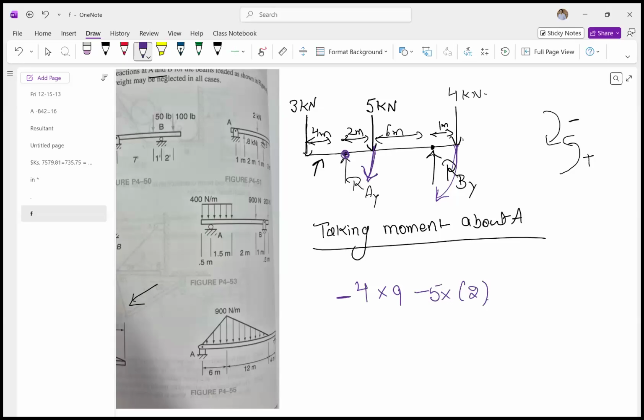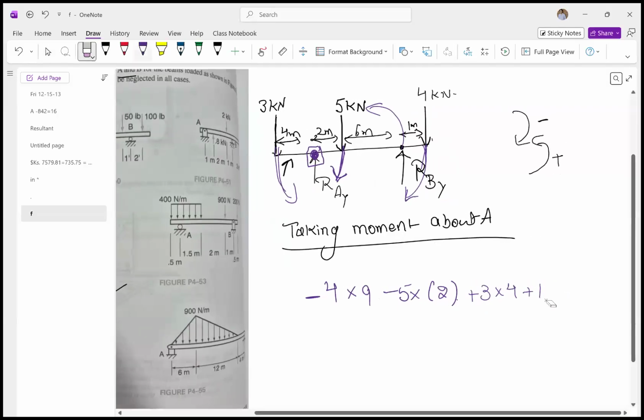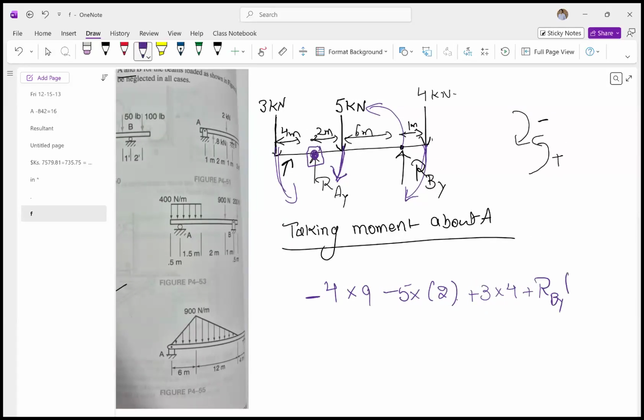This 3 is trying to rotate in the counterclockwise direction about this point, so I will write plus 3 times 4. Then RB is trying to rotate it in the counterclockwise direction, so I'll write plus RBY multiplied by 8, because 6 plus 2 is 8, equal to 0.